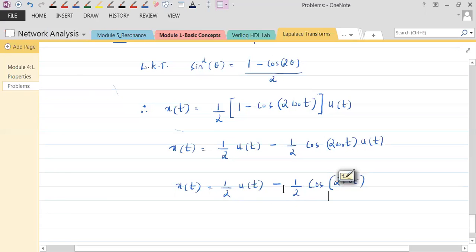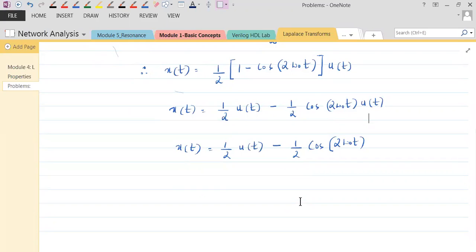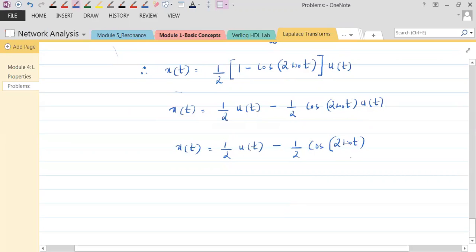Understand that? I request you all to go beyond this and get me x of s, which should be in this form. You can try this yourselves before you come to the next class. Straight away, what is the Laplace transform of u of t? It is 1 by s.